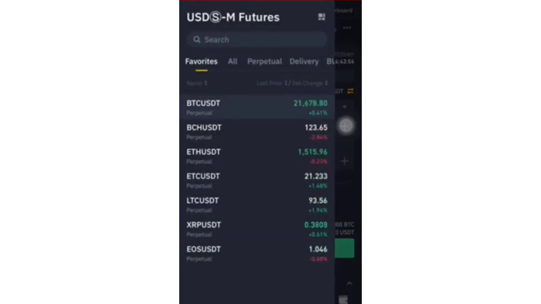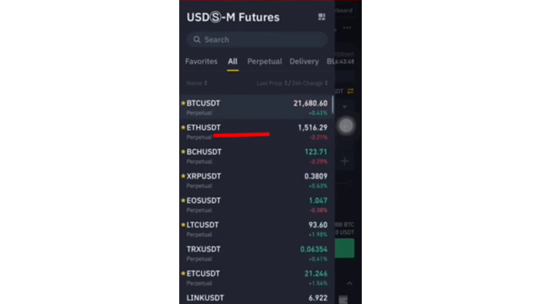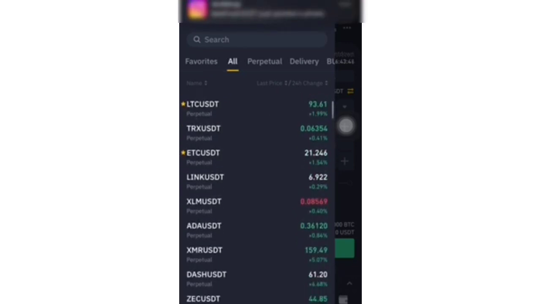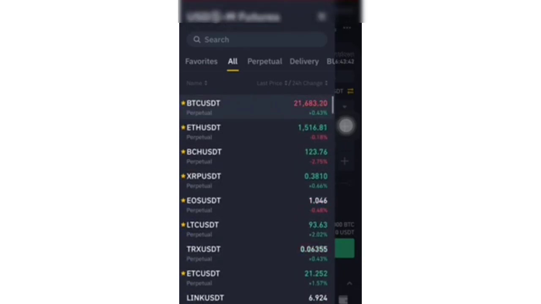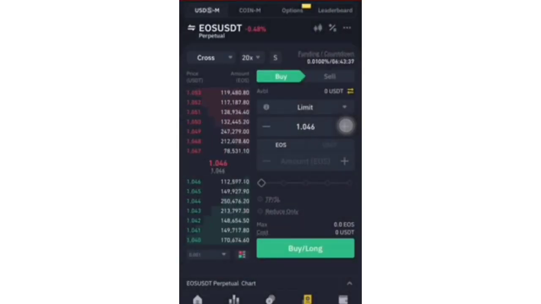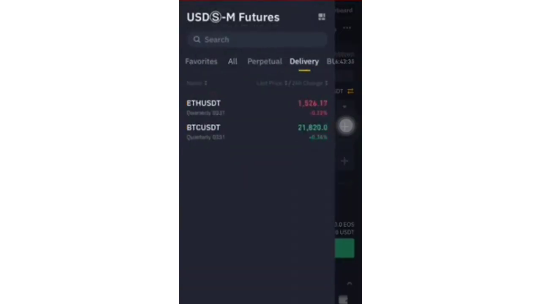There's one thing I want to point out about futures. You can see perpetual here, and there are places where you can see quarterly, if I'm not mistaken. Let's just say delivery, you can see quarterly, right?